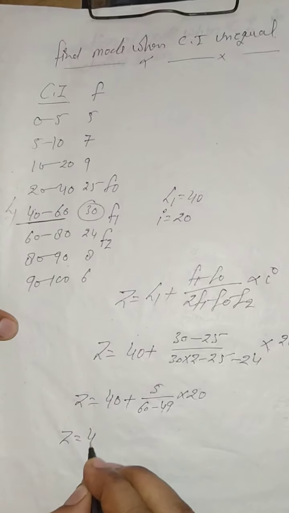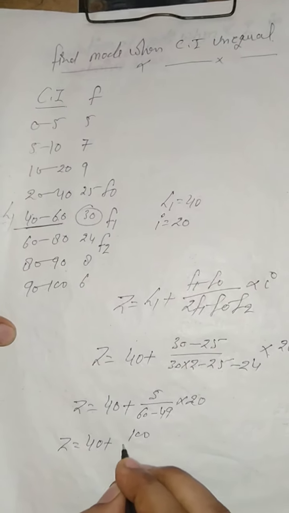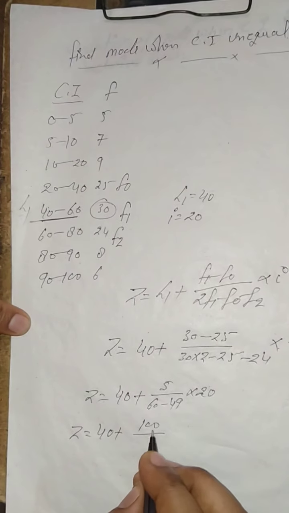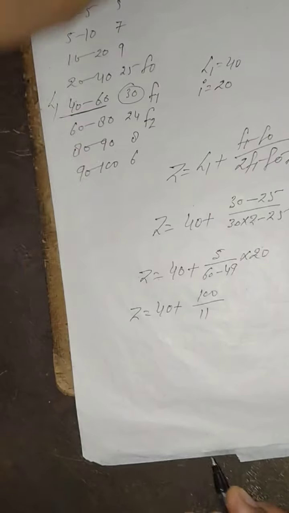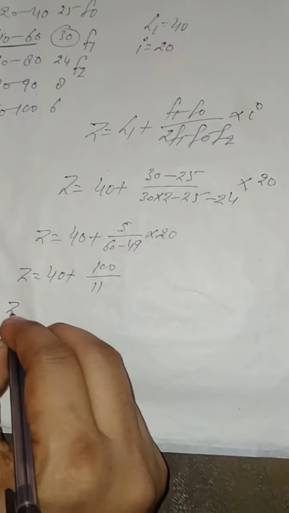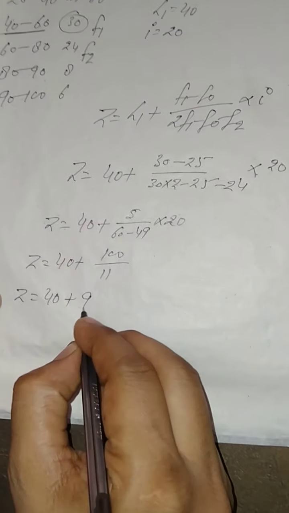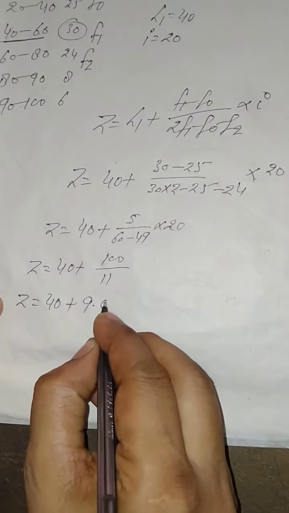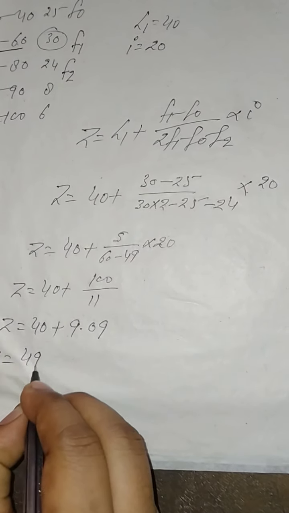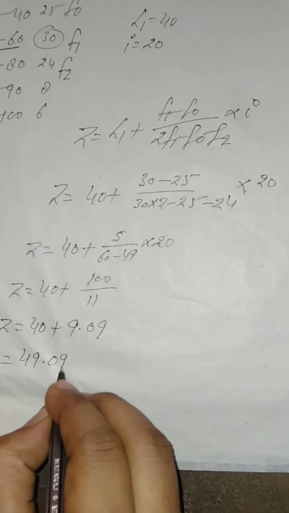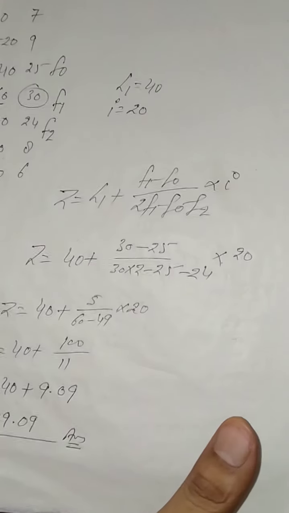So Z is equal to 40 plus 100 divided by 11. So Z is equal to 40 plus 9.09. So Z is equal to 49.09. That's the answer. Clear beta?